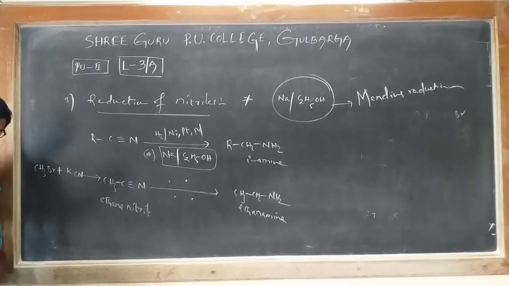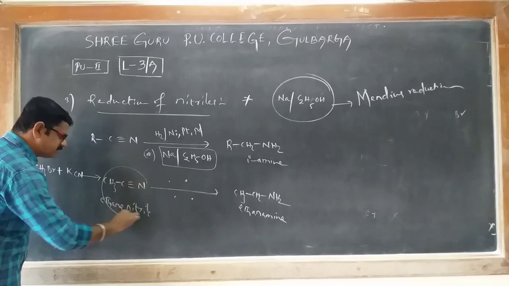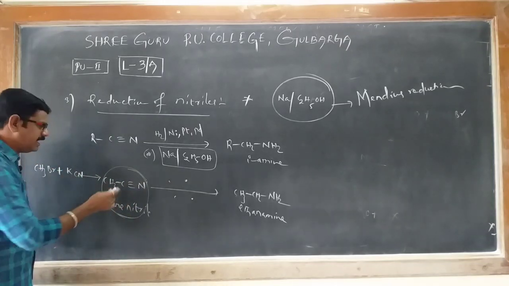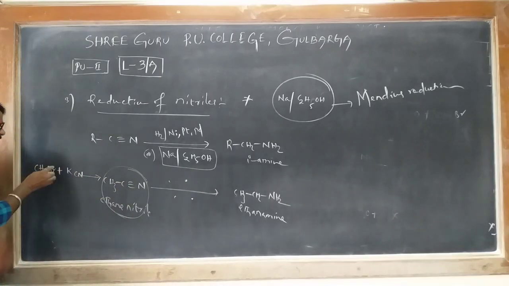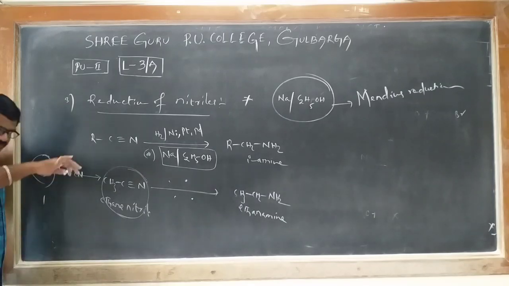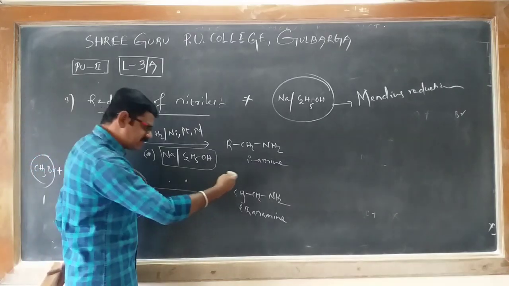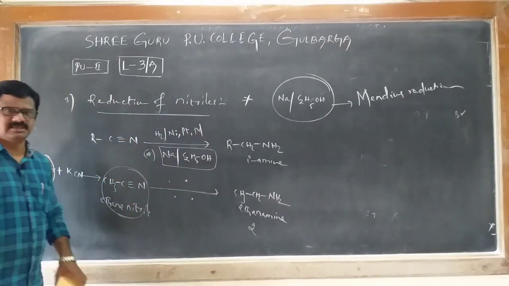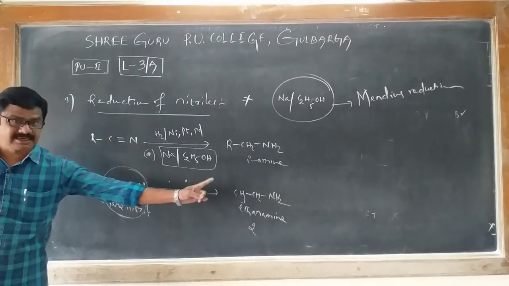Means whatever the cyanide compound is, it is obtained from its parent compound, the alkyl halide. So you have to focus on the alkyl halide. In the alkyl halide, how many carbons are there? 1 carbon. And after completion of the reaction, after formation of our amine, how many carbons are there? 2 carbons. Means the number of carbons has increased.